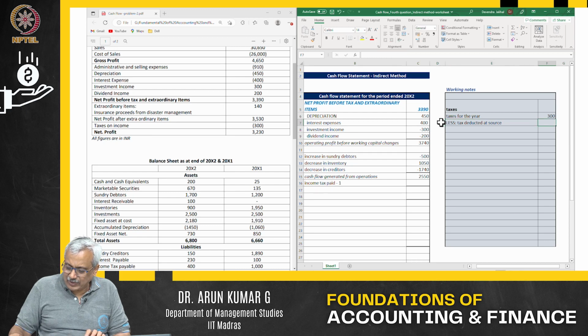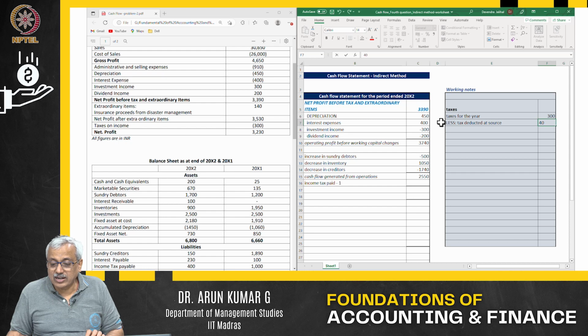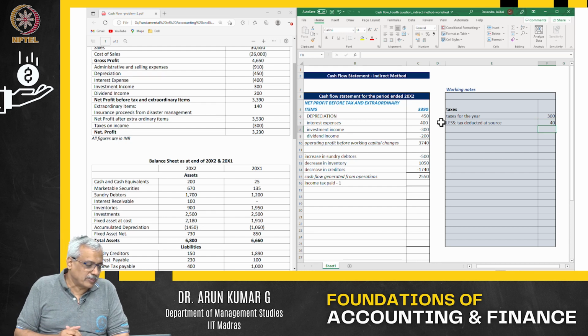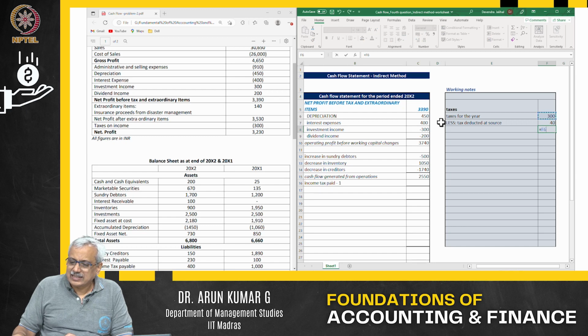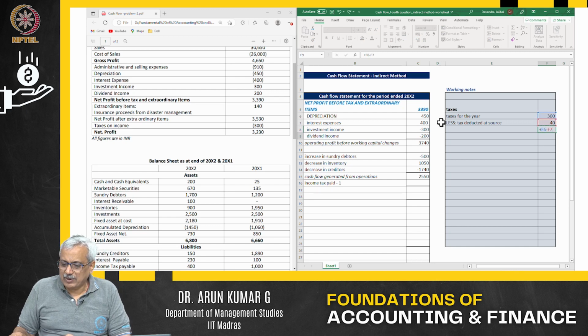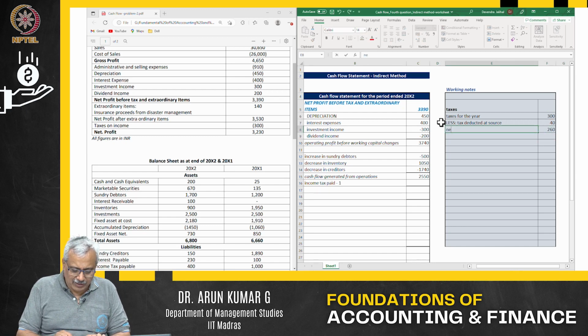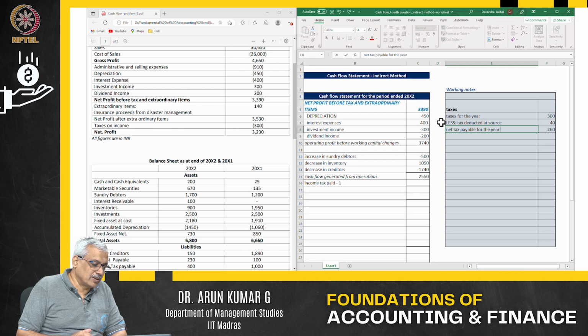That is paid by you, but please note that is not a payment which has gone out from you. So what is the net tax for the year? Net tax payable is $260 out there.